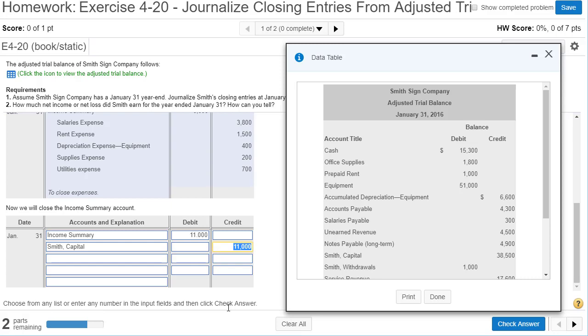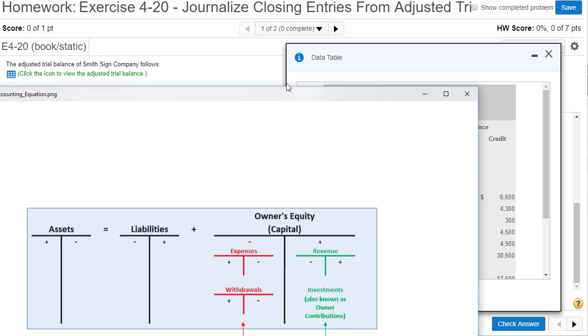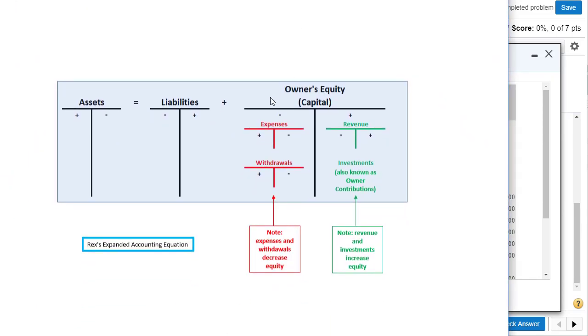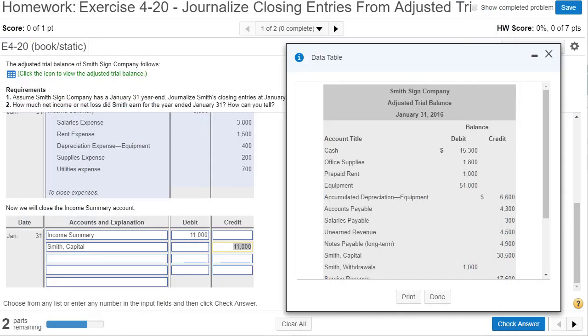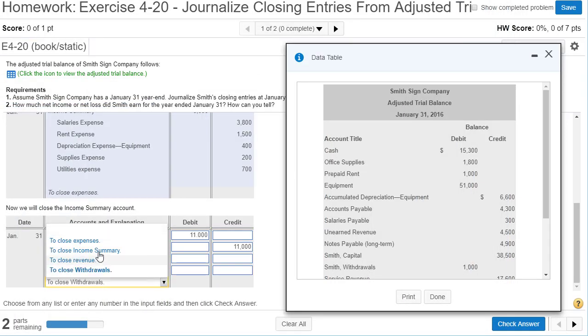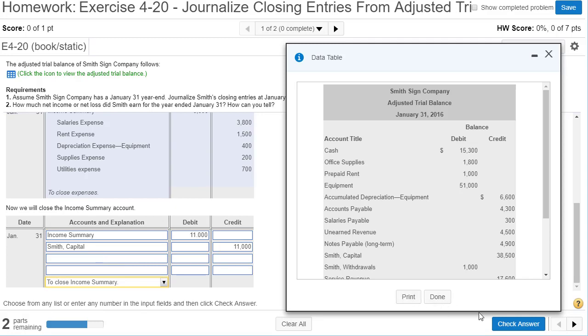The other way you know that capital is going to be credited is, first of all, we have to remember what the $11,000 represented. It represents net income. So what does net income do to capital? Does it decrease capital or increase capital? It increases capital. So that's another reason why we are going to credit capital. To close income summary, we close it to capital.